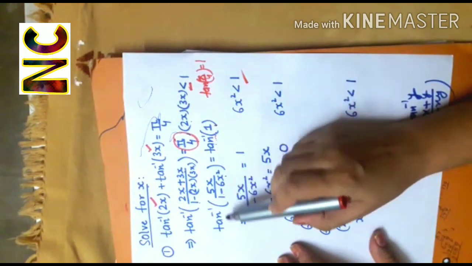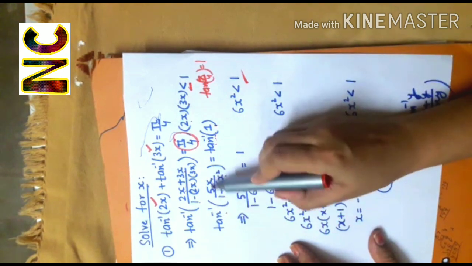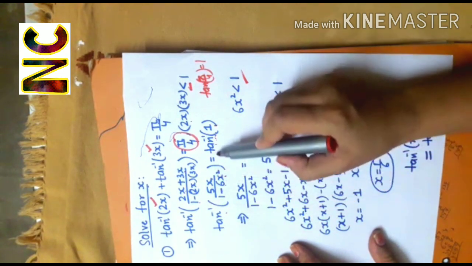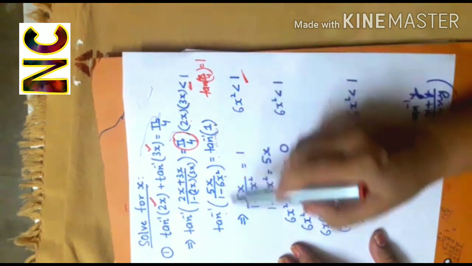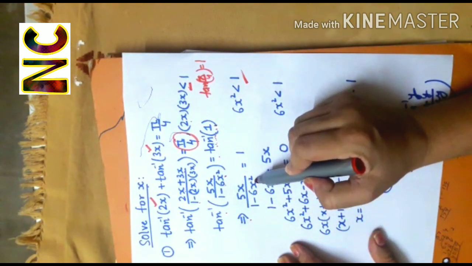Now we know that the tan inverse function is 1 to 1. So tan inverse 5x over 1 minus 6x square is equal to tan inverse 1. So it should imply 5x over 1 minus 6x square should be equal to 1.